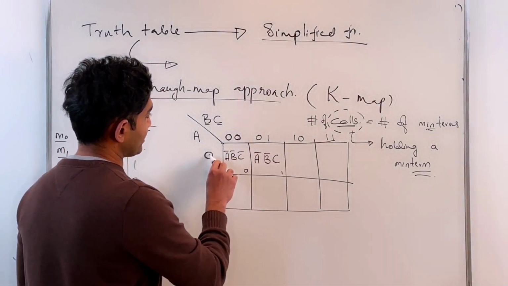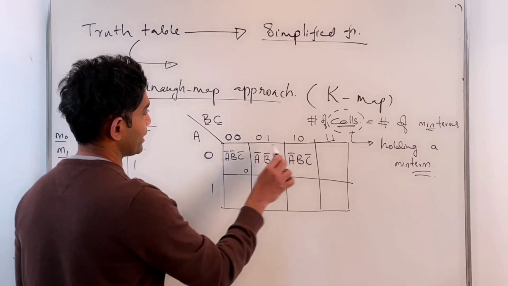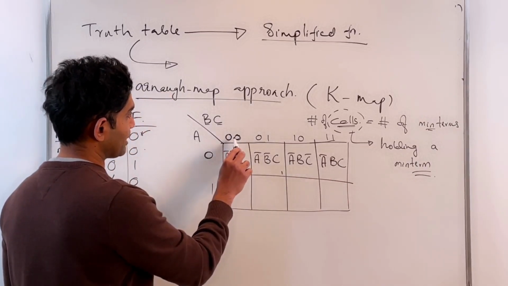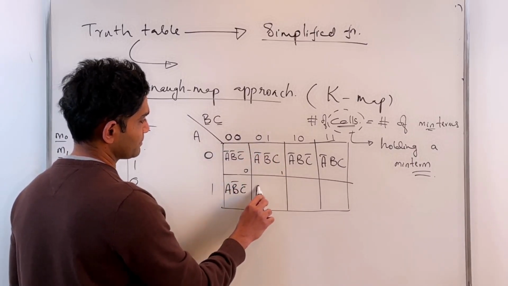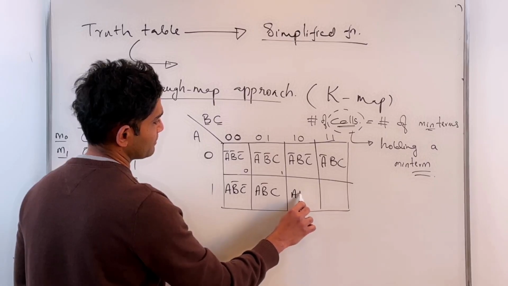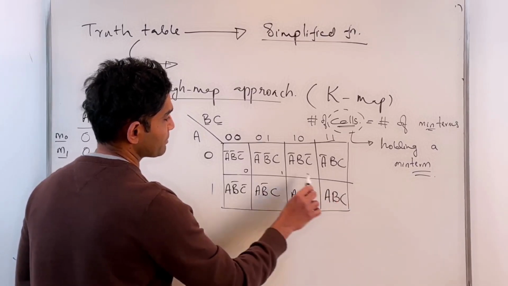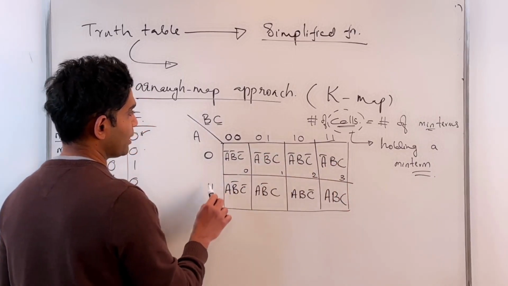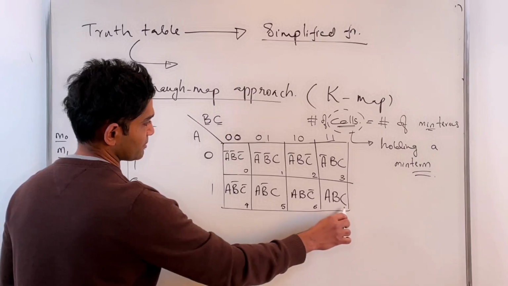So in this case, that will be A prime, B, C prime, A prime, B, C, A, B prime, C prime, A, B prime, C, A, B, C prime, A, B, C. And the numbers again, so that's 0, 1, 0 is 2, 0, 1, 1 is 3, 1, 0, 0 is 4, 1, 0, 1 is 5, 6, and 7.